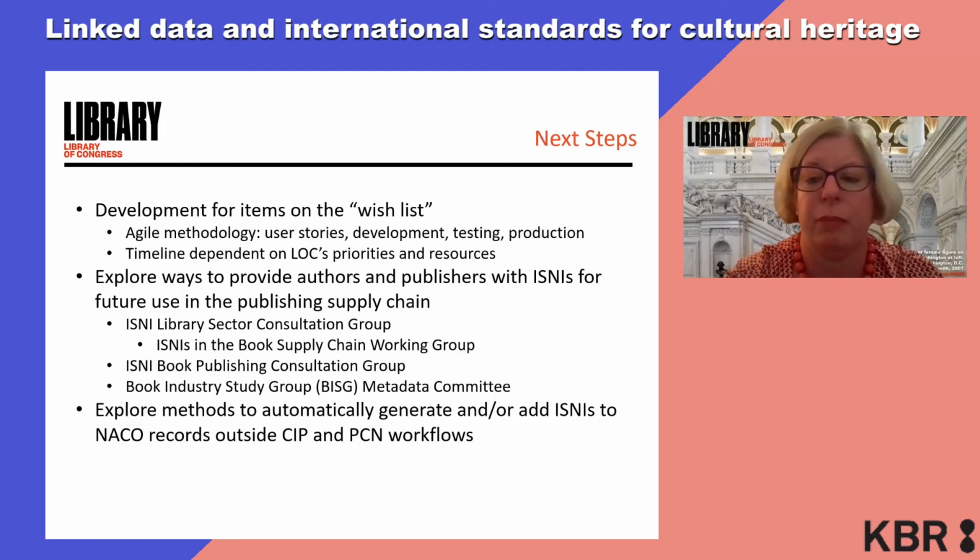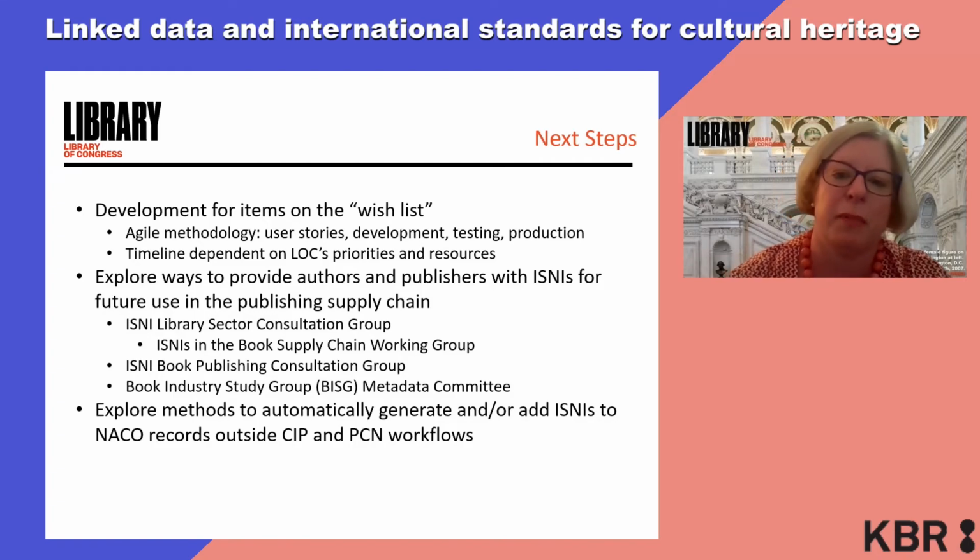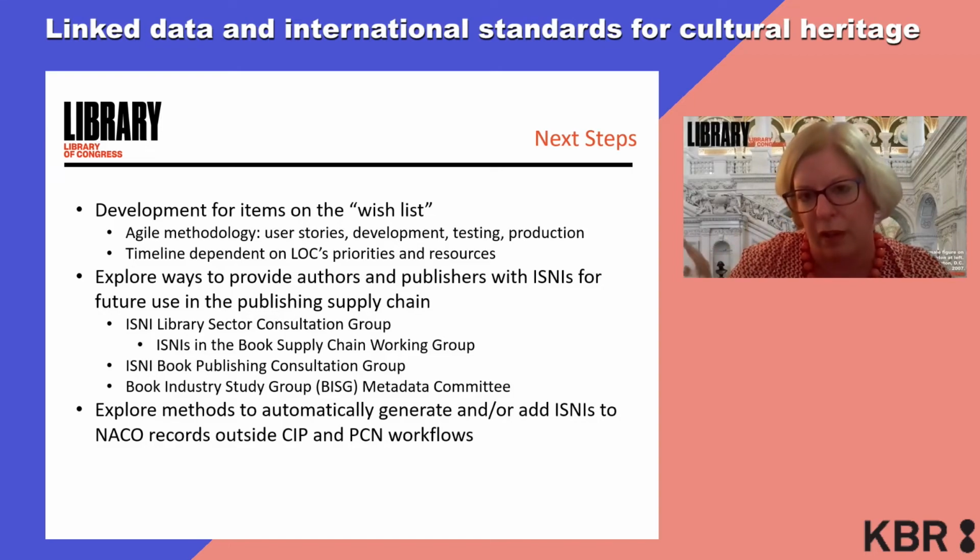As a PrePubBookLink user, I would like the ability to have the ISNI mapped to the products table for Onyx. That's sort of how stories are written. And then the development and the testing and implementation and production follows along that line. So we have to come up with those user stories, have the development prioritized, then the testing and production. And of course, all of that is dependent on Library of Congress priorities and resources.